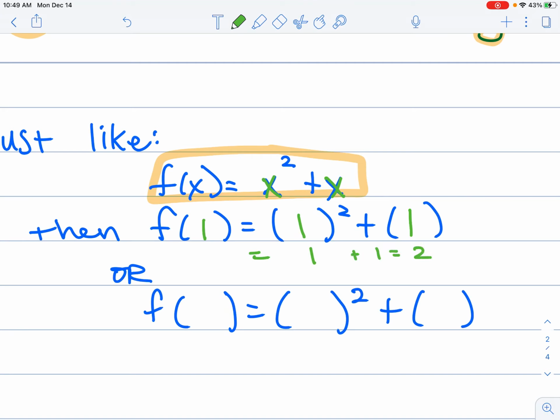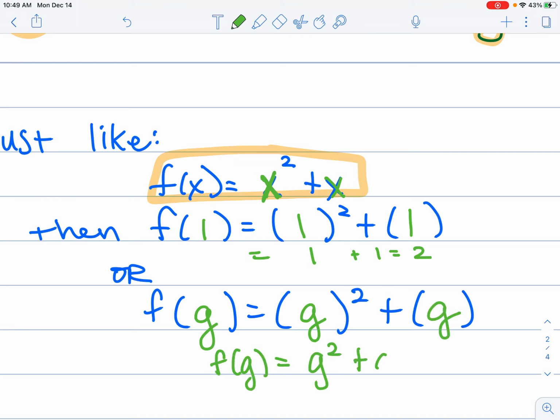So we know f of 1 is 2. Or I could say, okay, instead of f of x, I want you to find what's f of g. Anytime I see an x, I'm going to plug in a g instead. So f of g would be g squared plus g. Okay, so we're just replacing what that value of x was.